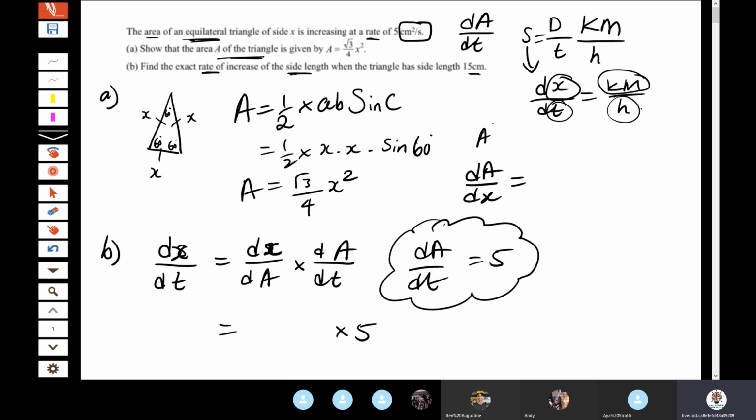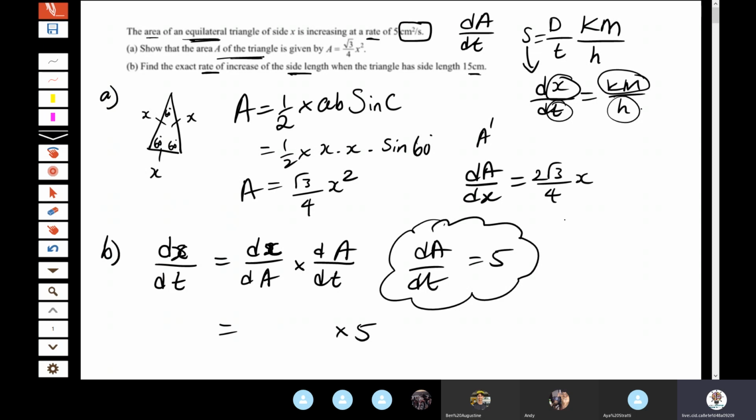It's just a fancy way of writing A dash. What if I said differentiate this? Would you know how to do that? Bring the 2 down. So dA on dx just means differentiate. Bring the 2 down, so that becomes 2 root 3 on 4, and then x to the power of 1, which is just x. So dA on dx is this.